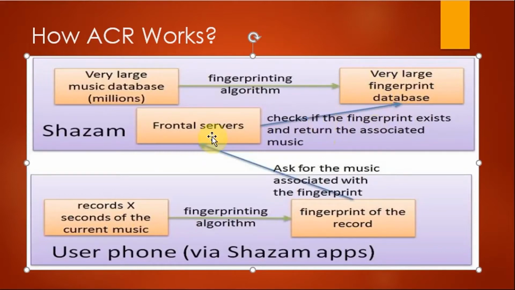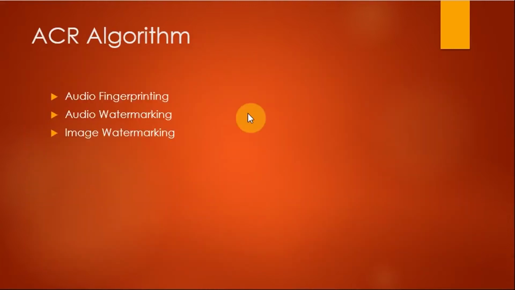Now that we've seen how ACR technology works, we're going to look at the ACR algorithm itself. There are several kinds of ACR, automatic content recognition, algorithms out there, but the most important of them is audio fingerprinting. We have audio fingerprinting, audio watermarking, and image watermarking.